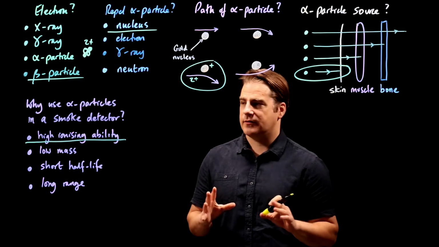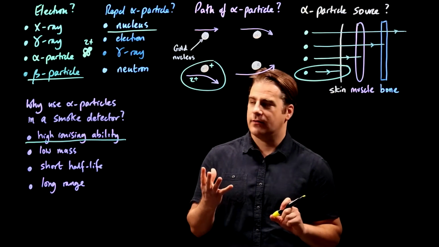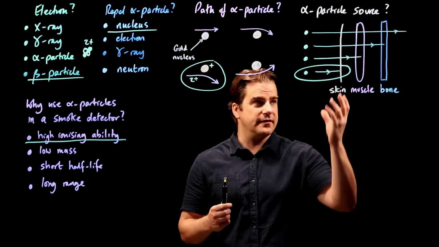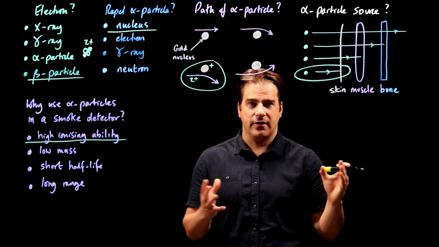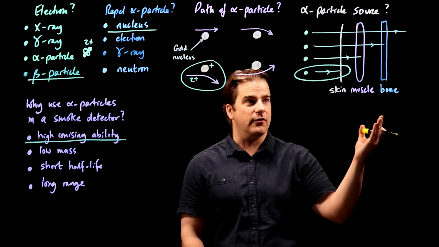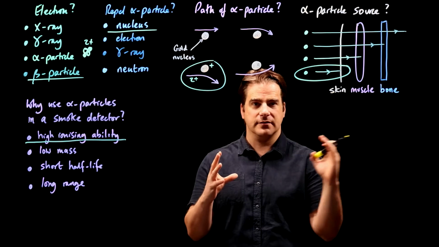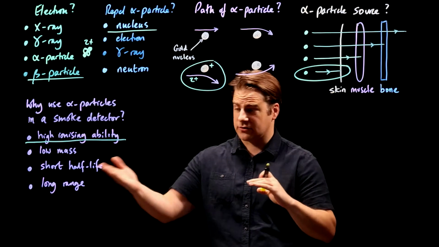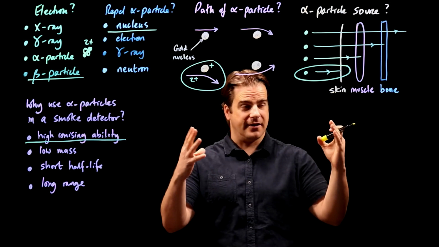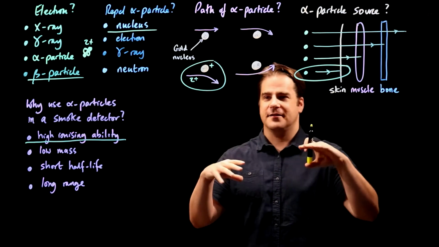You don't want the source in a smoke detector to have a short half-life, because you'd set the smoke detector up, leave it, and then fairly soon, because it's got a short half-life, it would go off because the number of alpha particles is reducing rapidly, therefore the ionizing is reducing, therefore the current will reduce, and it'll set the alarm off.